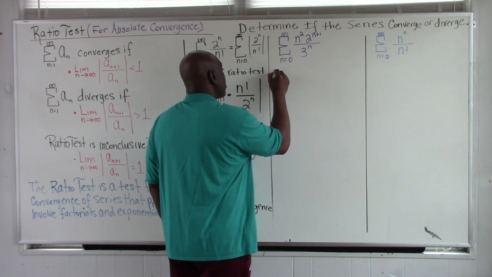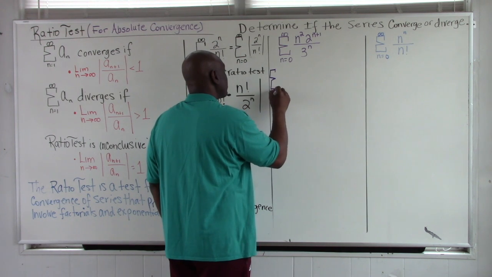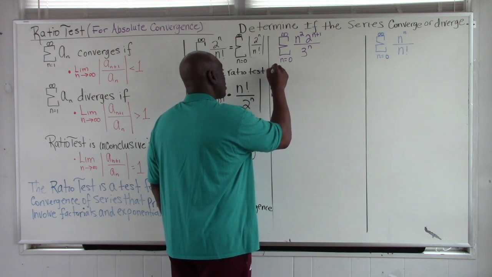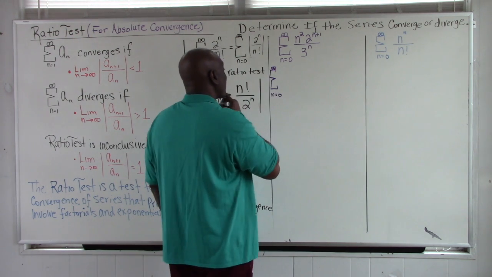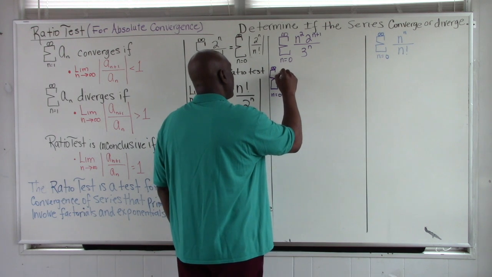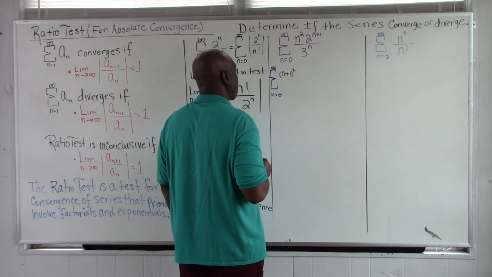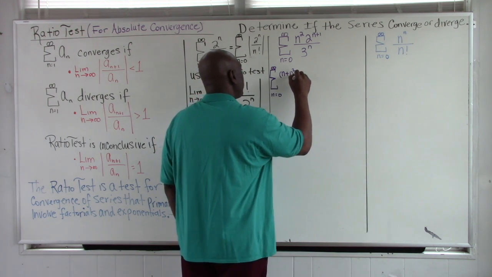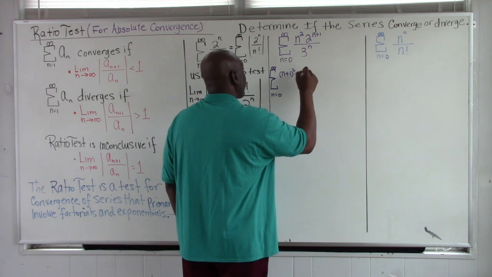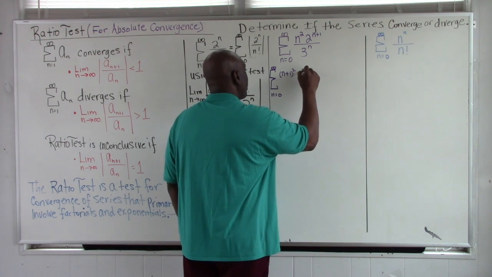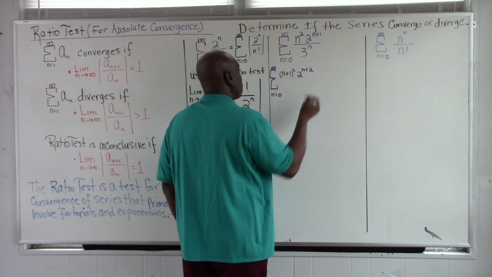So I have the summation as n equals 0 and then it gets increasingly large. All right, so we're going to have n plus 1 quantity squared times 2 to the n plus 2.